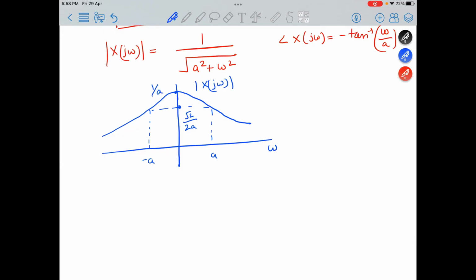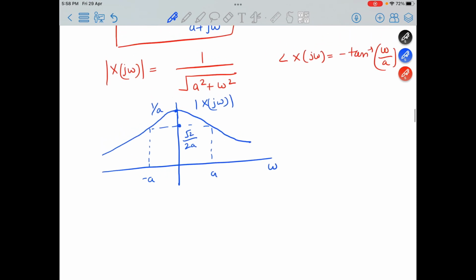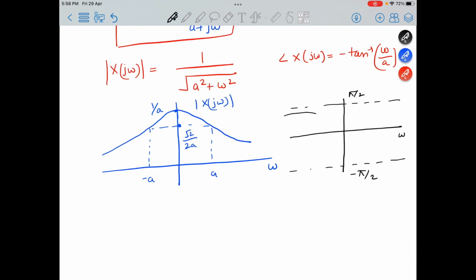This x-axis is your omega axis, and the phase graph will be very easy. It will follow a graph like this. This is your omega, this dashed line represents a value of pi by 2, this value is minus pi by 2, and the graph will take a value from pi by 2 to minus pi by 2.